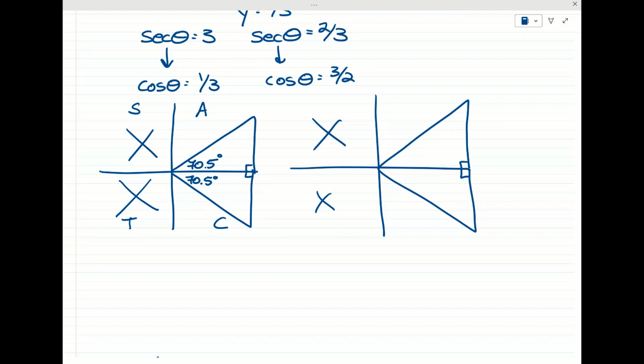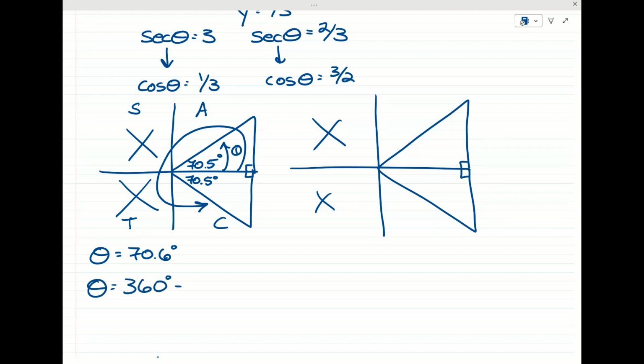As far as what these angles are, first angle is 70.5. That would be the answer. And the second angle would almost be a full circle, but we're short. So we're going to do 360 minus the 70.5.